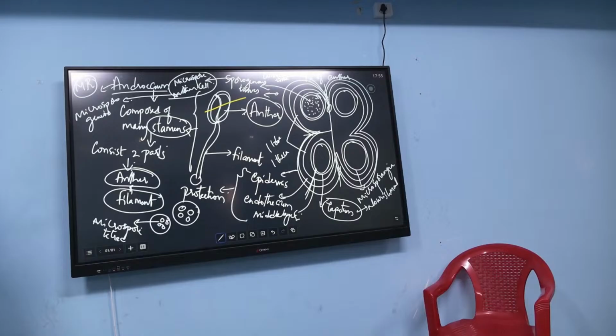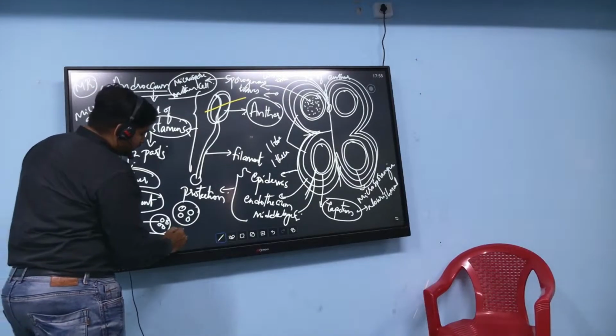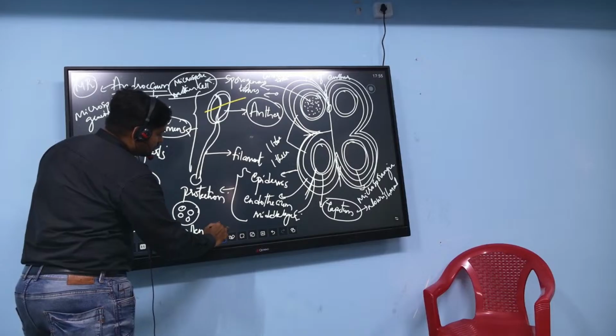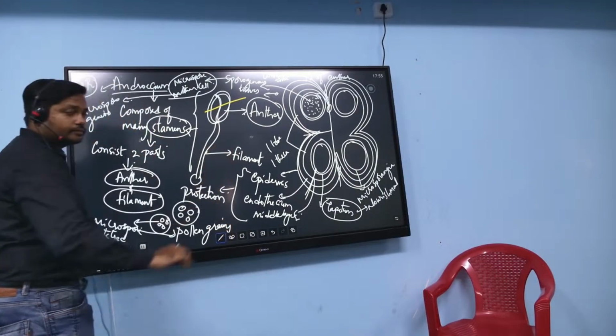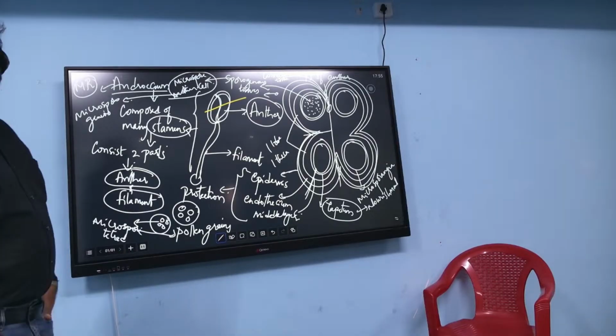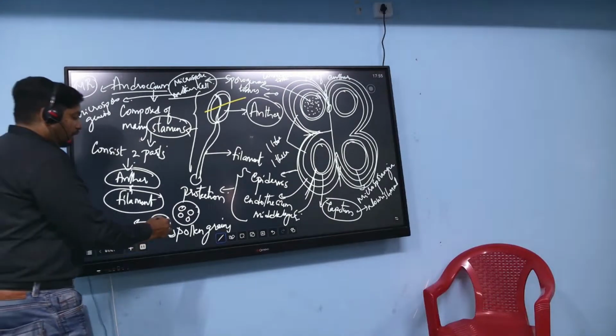The same microspores, when they come out and start shedding, are called pollen grains. Did you understand? Any doubts till here? Everything is clear? Now, what do you call a pollen grain?